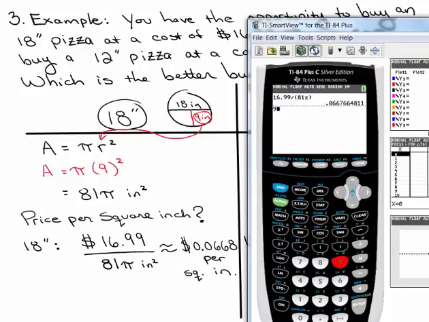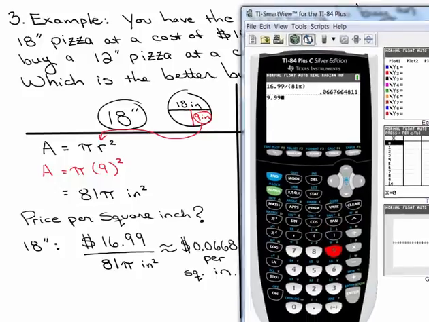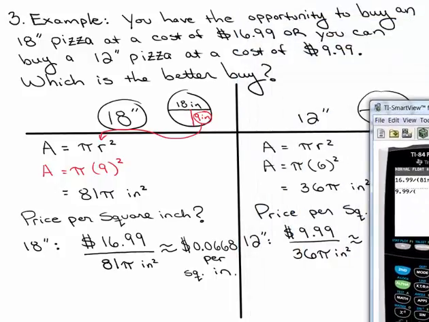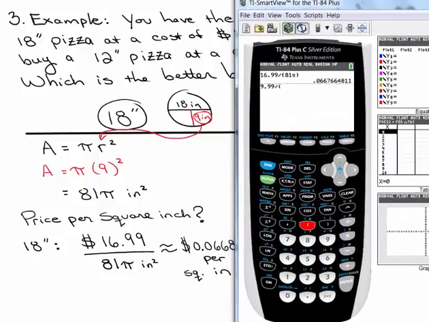So 9.99, here we go, divided by, I can't even remember what I said anymore. 36 pi, no, that's not what we wanted at all. Go back, delete. There we go. Perfect. And now hit enter.